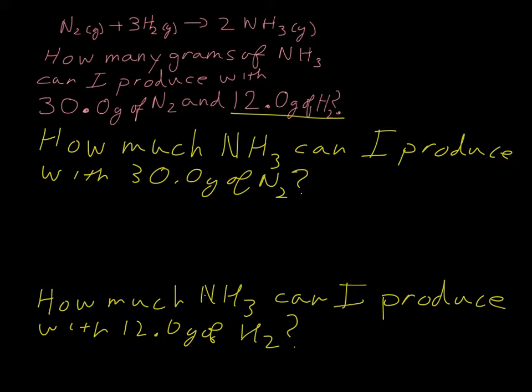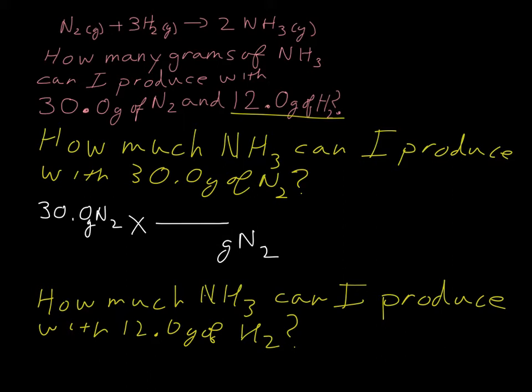I'm going to say, okay, I have 30 grams of nitrogen. I don't want 30 grams of nitrogen. So I'm going to place grams of nitrogen where they cancel out. The only thing I ever know about grams is what my periodic chart tells me. And my periodic chart tells me that 1 mole of nitrogen is 14.007 grams.